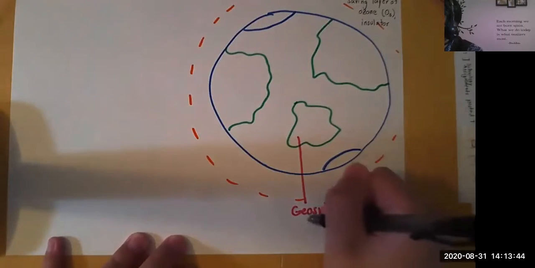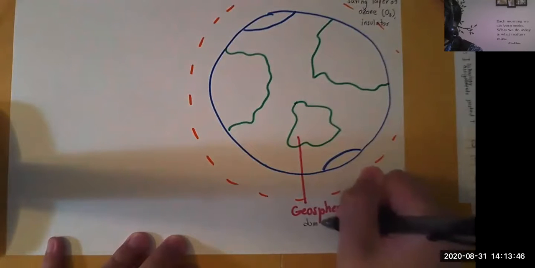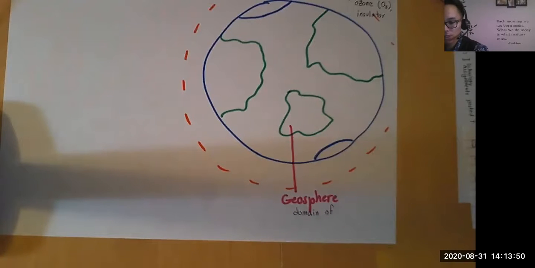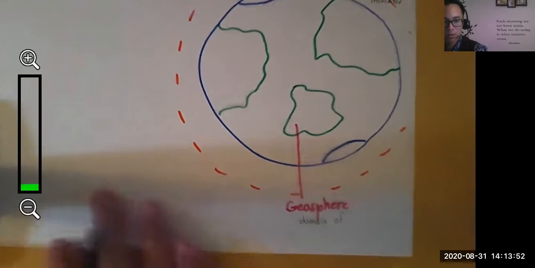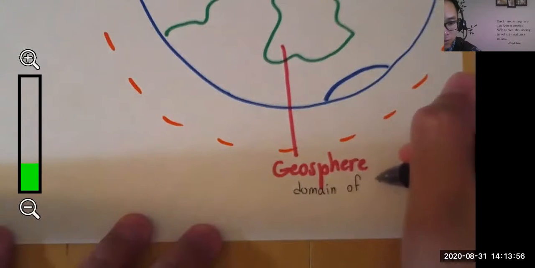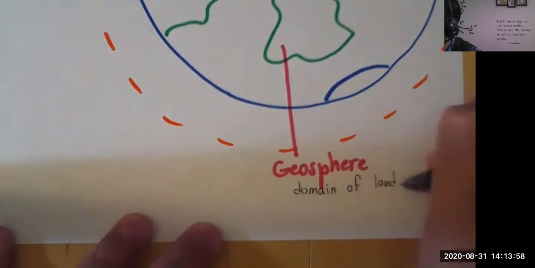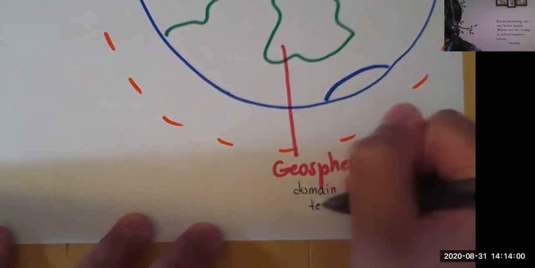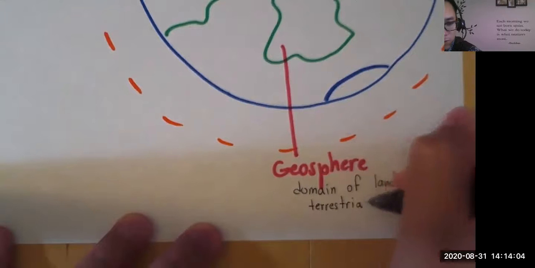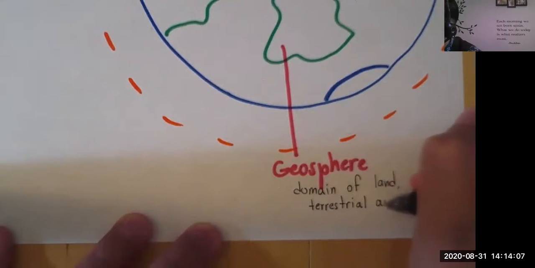The geosphere is the domain of land. And you know what? That might be a little hard to see, so I'm going to zoom in here. There you go. The domain of land, otherwise known as terrestrial area.